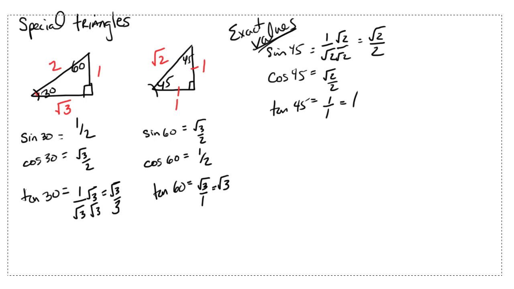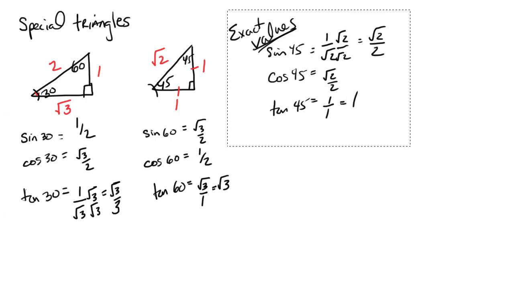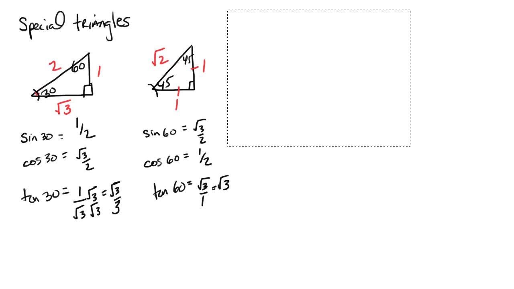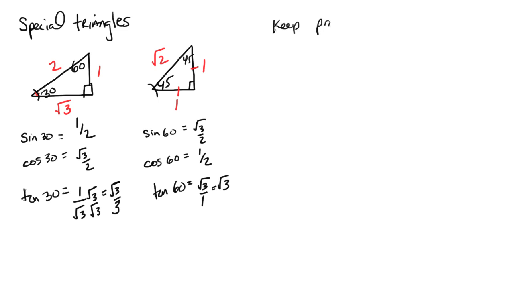Now, what else is true about this is these triangles hold the same proportion. So they keep proportions. So what does that mean? So real quick, if I have my basic triangle, right? 30, 60, 90. 1, 2, rad 3.